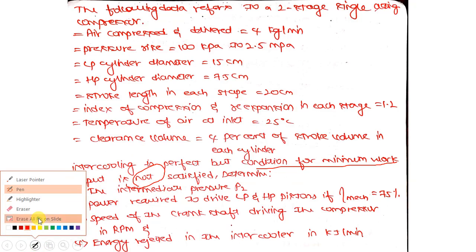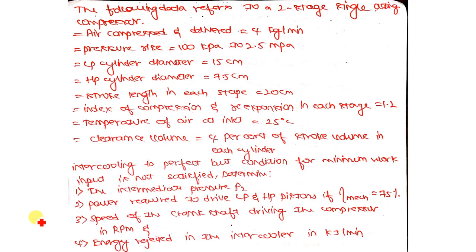So the intermediate pressure you have to calculate. The power required to drive the LP and HP pistons you need to calculate. Mechanical efficiency he has given, and I will specify where to use it in the later part of the video. So the mechanical efficiency is given as 75%.